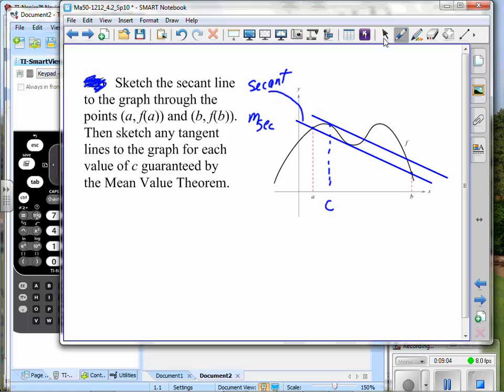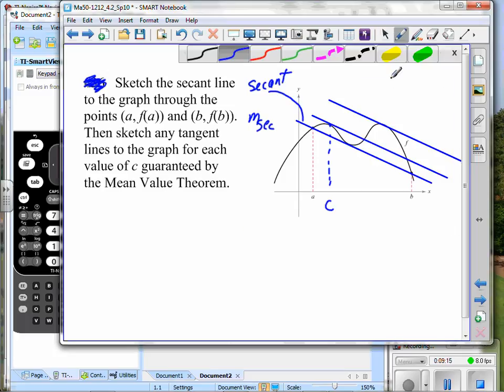Is that the only place? Well, let's see. If I move that straight up there, it looks like we have a second one up there. So we'll call this C1. We'll call this C2.